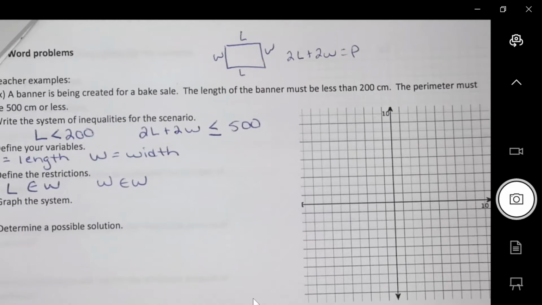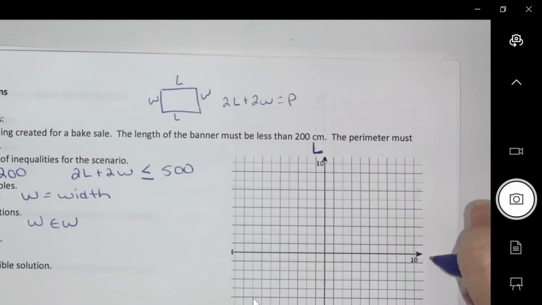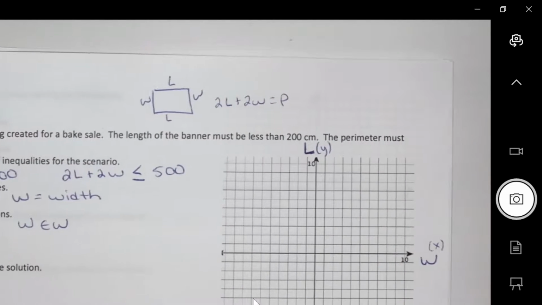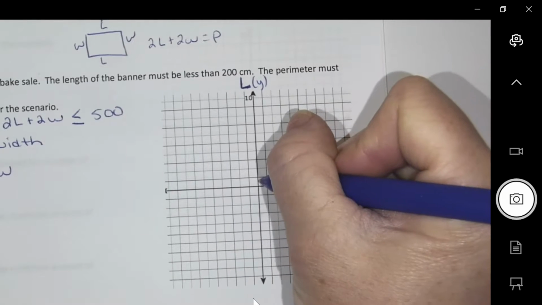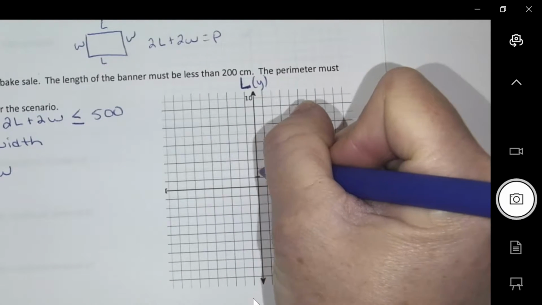Okay, let's graph this system. So I'm going to put L and W kind of like that as my Y and my X. Okay, so the first one, that L has to be less than 200. All right, what do we want to do here? What do you want to go up by? 25, 50?